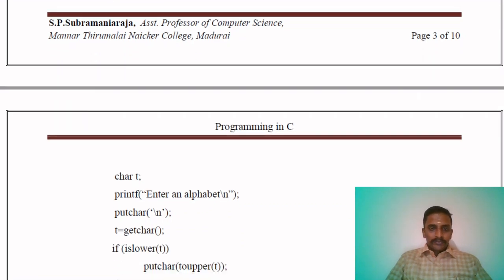Next, if islower of t, then putchar toupper. This simply says that if the character entered by the user is in lower case, it will be converted to uppercase. Next, else putchar tolower. If it is not, it will be converted to lower.